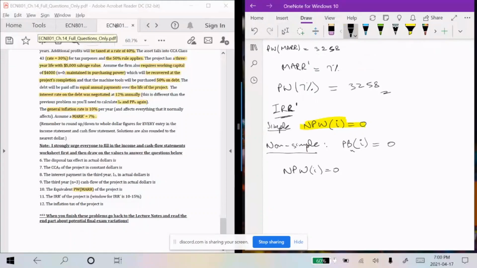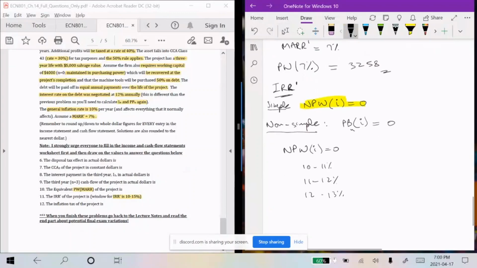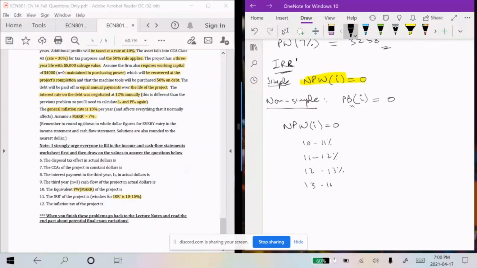Now he gave the window for IRR dash, which is 10 to 15%. So we know we need to calculate in between these. It's going to be multiple choice, so they'll give us options like 10 to 11%, 11 to 12%, 12 to 13%, 13 to 14, 14 to 15.